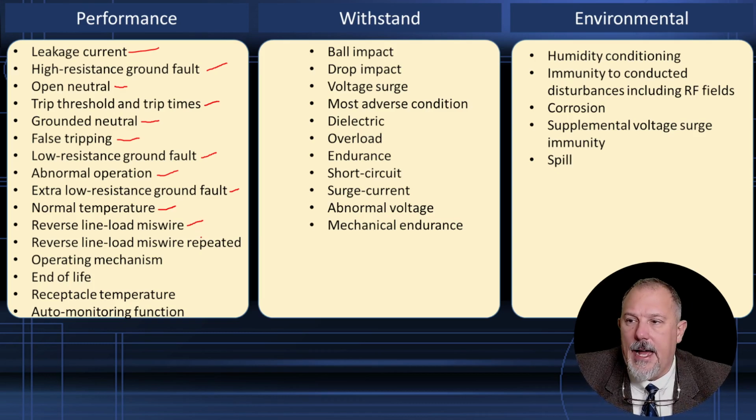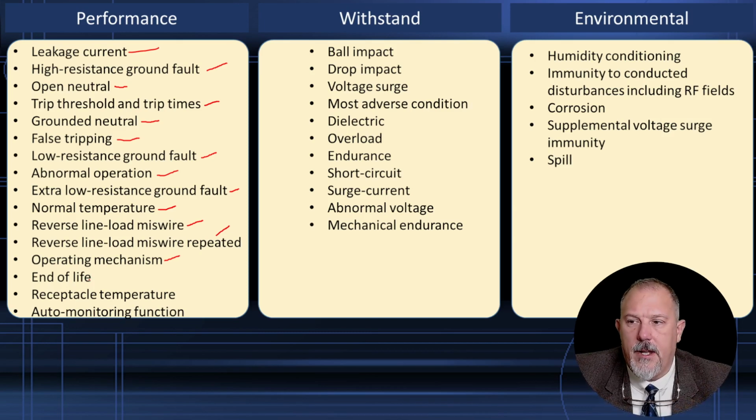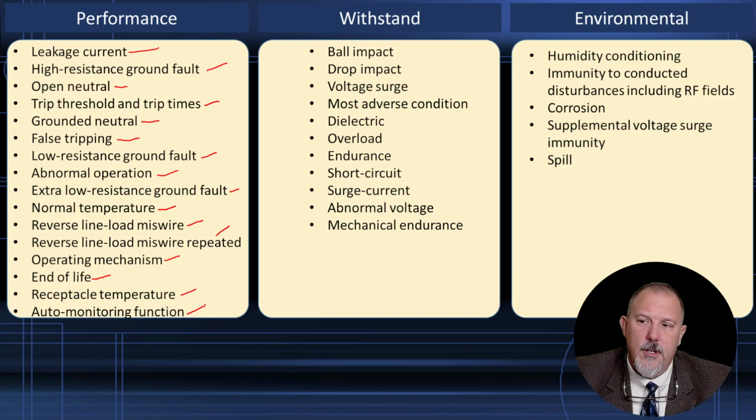I need to detect that. What about the operating mechanism? I've got to think about the operating mechanism and its performance. I have to think about end of life. In here, you'll have the self-testing features. You have the receptacle temperature limitations and the auto monitoring functions. Those are your self-testing capabilities.